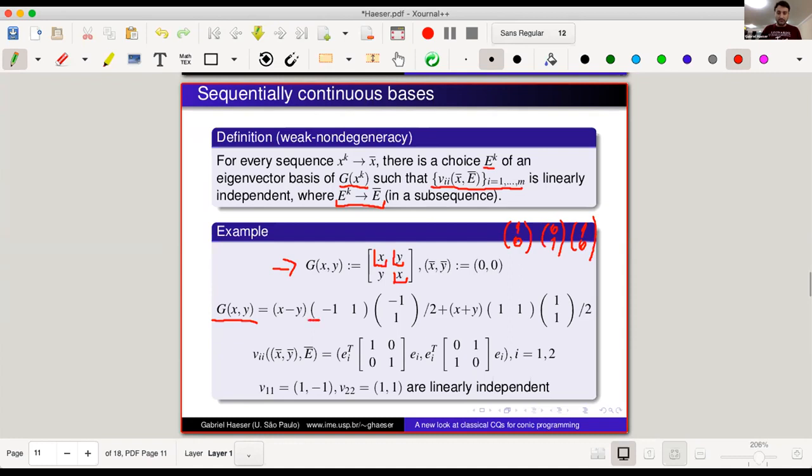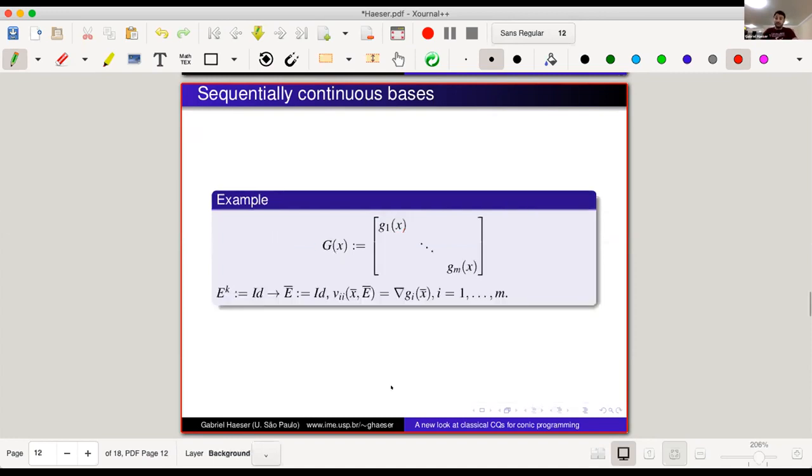You can choose this basis -1, 1, and this basis 1, 1. And so the only continuous basis is this basis of -1, 1, and 1, 1. When you compute the derivatives, you get a linearly independent set of vectors. So the condition holds here.